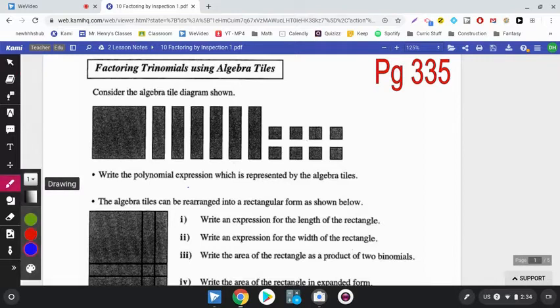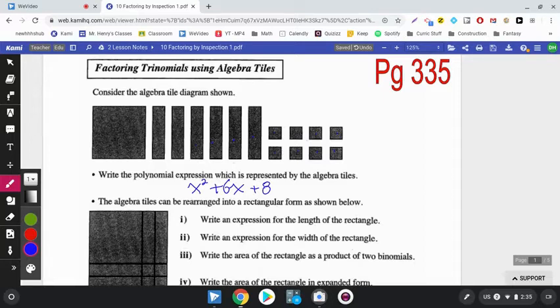Well, I see an x squared. And then I see 1, 2, 3, 4, 5, 6 x's, so plus 6x. And then I see 1, 2, 3, 4, 5, 6, 7, 8, plus 8. So there is my polynomial, x squared plus 6x plus 8. And if I'm going to factor this, what I'm saying is how can I write this as a multiplication?